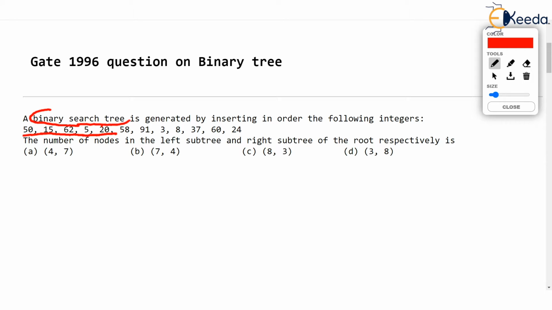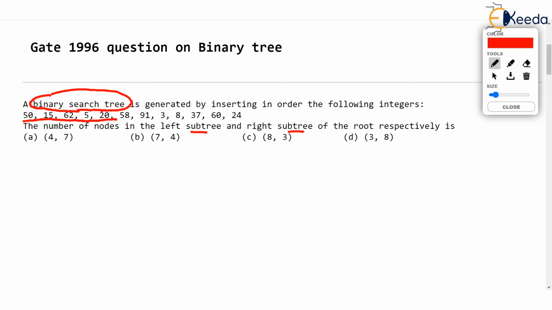Then the question is: the number of nodes in the left subtree and right subtree of the root respectively is. So how many nodes will be added to the left of the root and how many to the right of the root? I hope you can understand this very easily as follows.